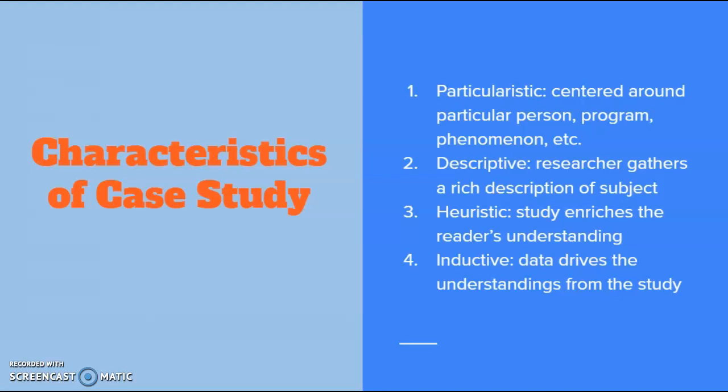The study enriches the reader's understanding. And case studies are inductive, which means that the data drives the understandings from the case studies. So to sum up the case study characteristics, a case study is an intensive, holistic description and analysis of a single entity, phenomenon, or social unit.